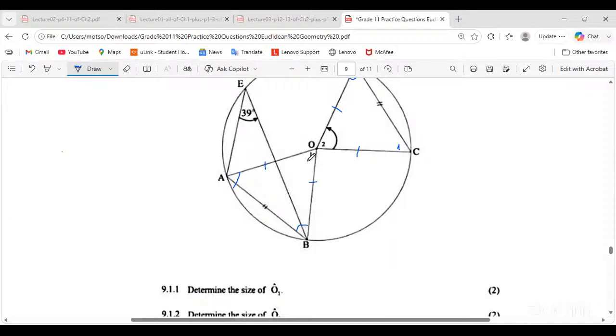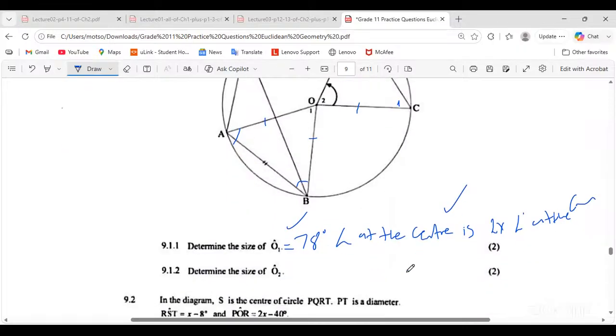So this angle at the center will be 2 times that angle at the circumference. Now, this angle will be equal to 78 degrees, reason being angle at the center is 2 times angle at the circumference, right? Yes, now you have got your beautiful mark for the statement and a beautiful mark for the reasoning.